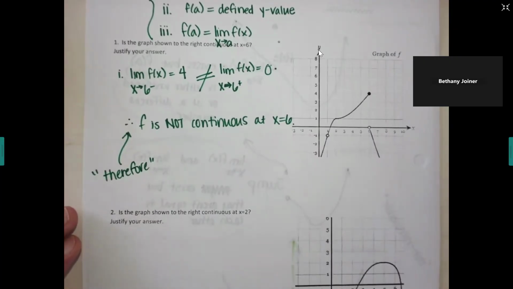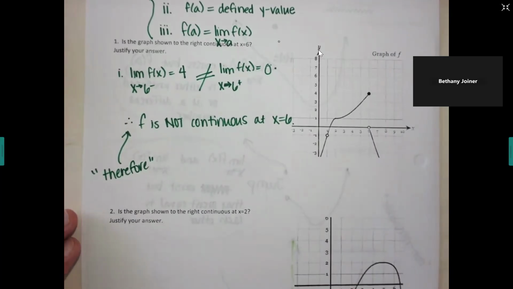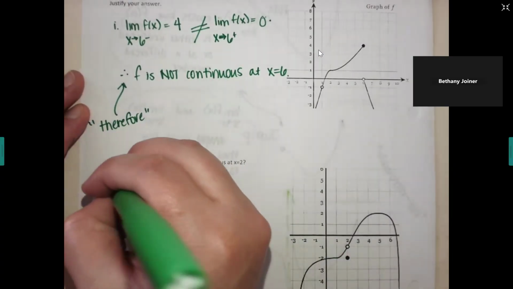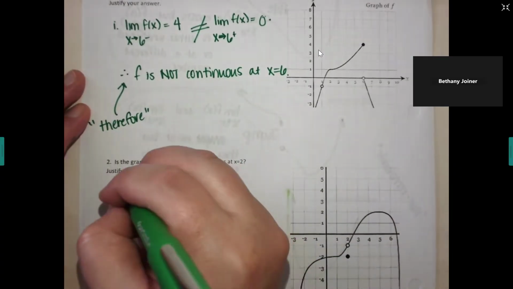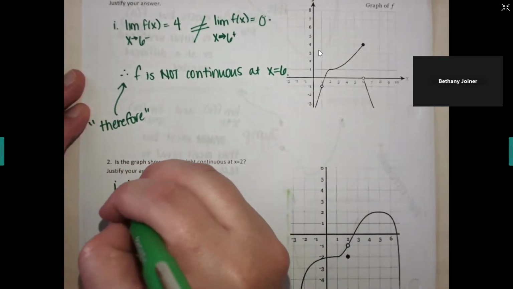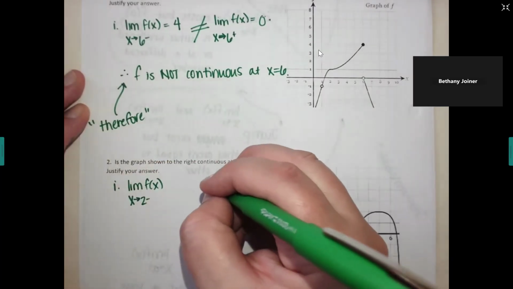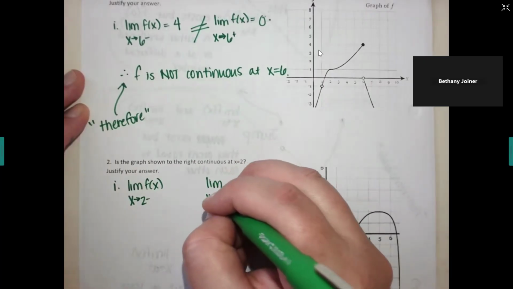We want to check it at x equals 2. So looking at the second graph, the first thing that you're going to do is identify your left and right side limits. So we're doing x approaches 2 from the left, and then x approaches 2 from the right.